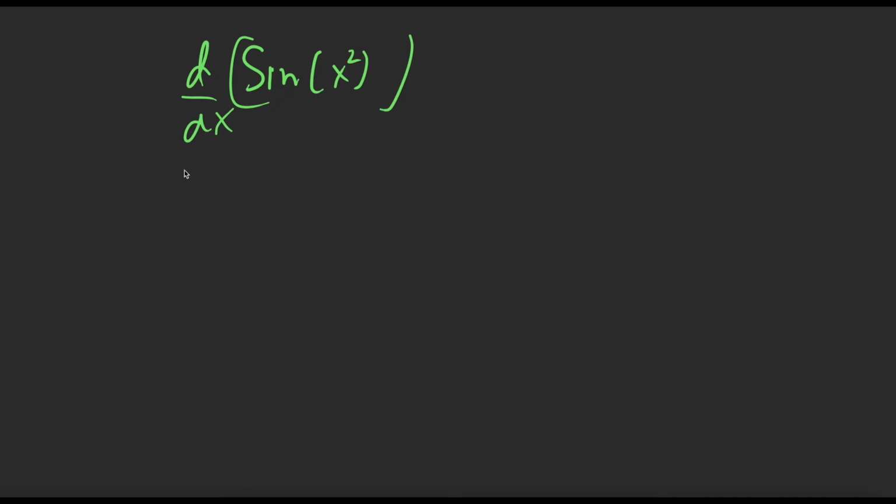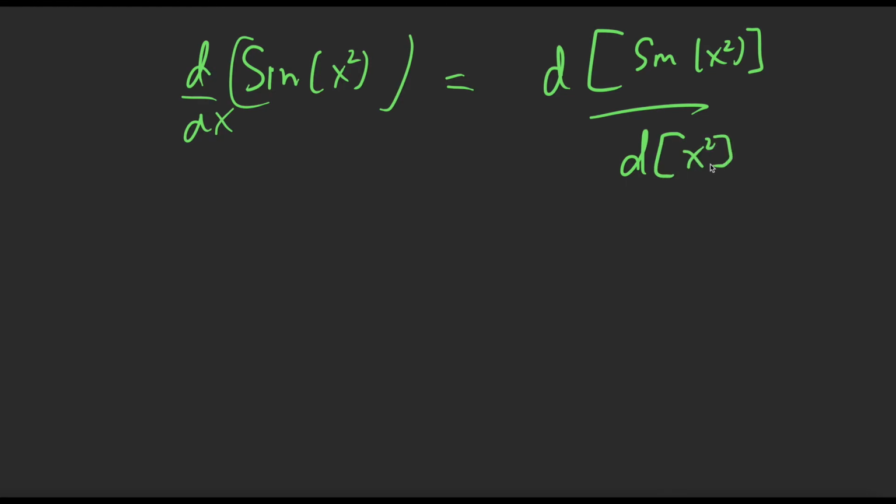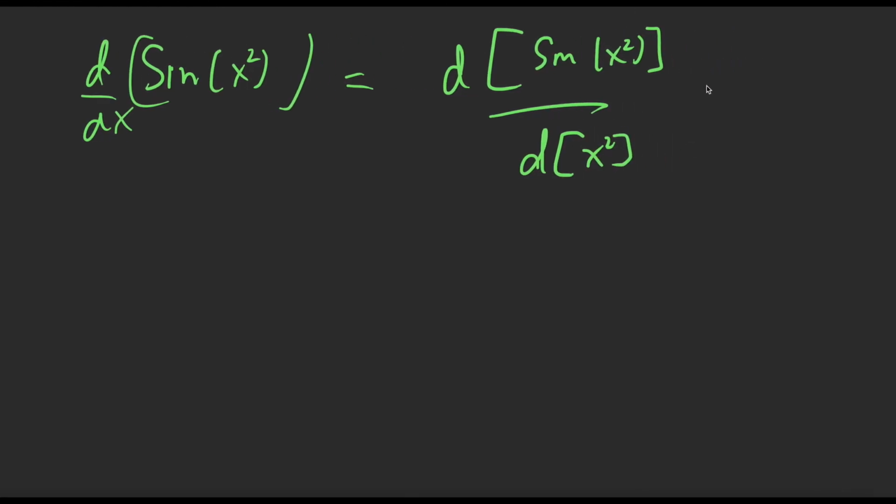So how will I do that? Well, this thing I can write as d sine x square with respect to d x square, and into d x square with respect to x.